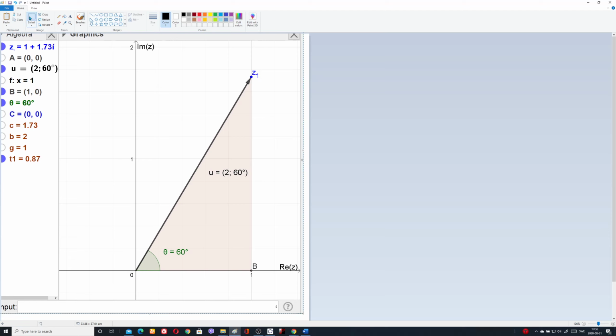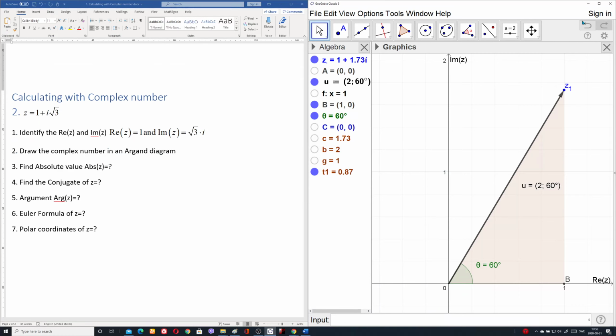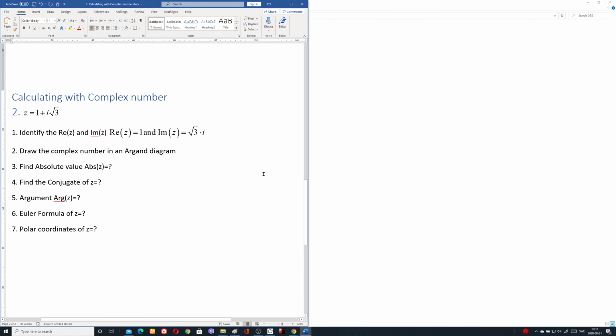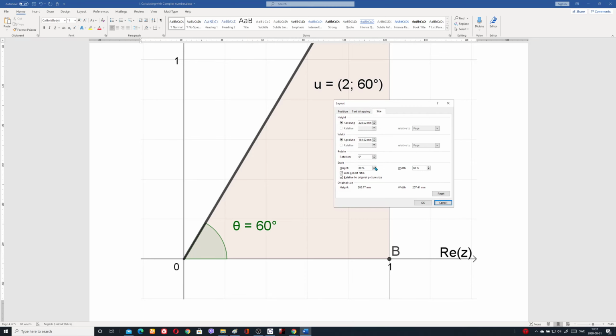So now I will select these windows here. I will crop this, Control A, Control C. I will go back to my Word document and I will put this picture here. So now I have a beautiful picture here. I will right click, size and position.